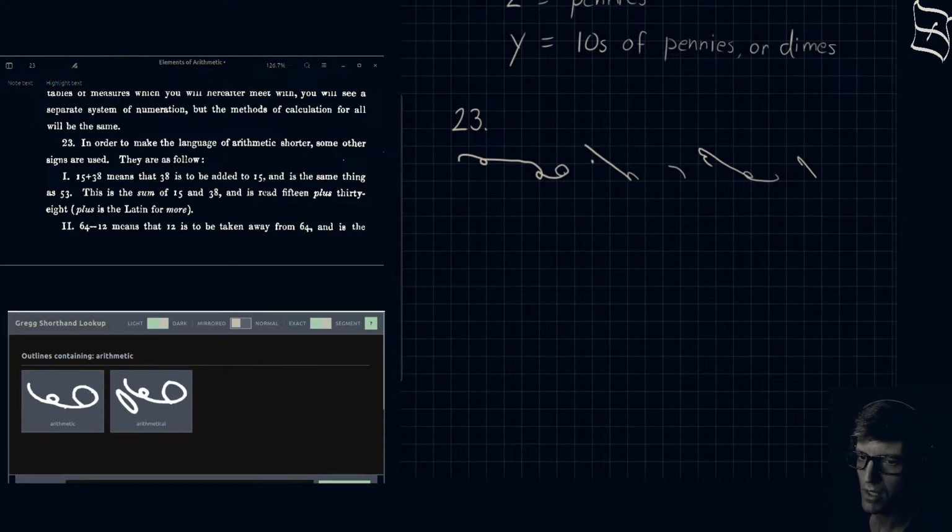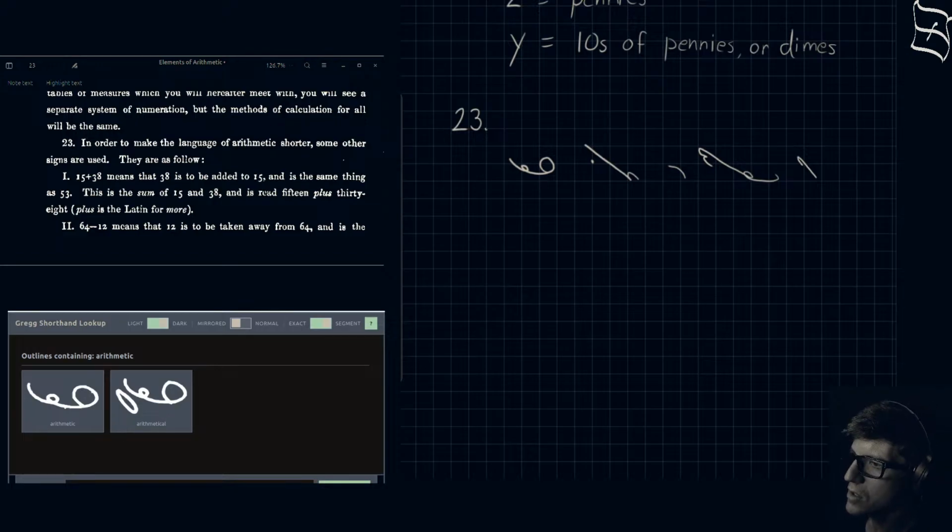There's arithmetic, and it's actually easier. We can go ahead and erase that and do arithmetic.